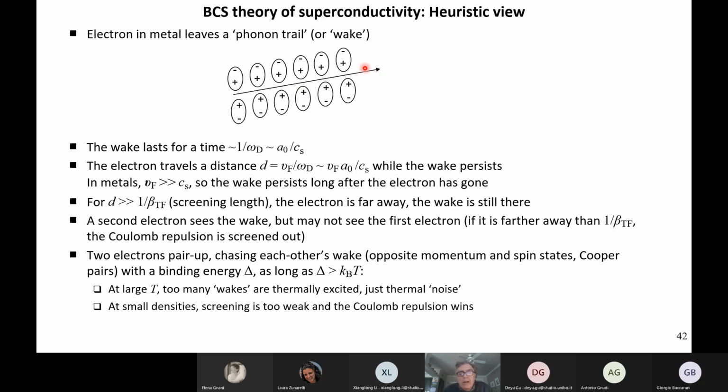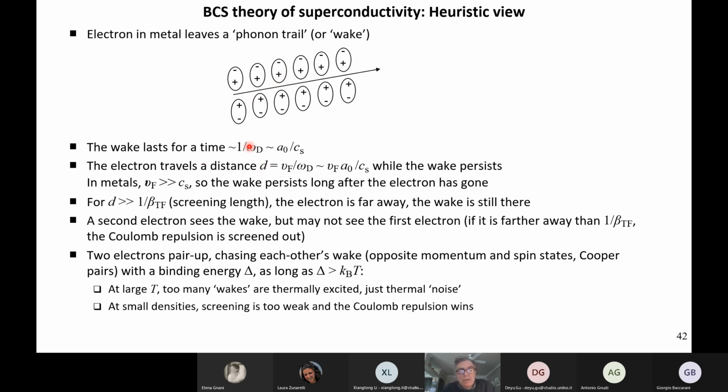How long does this wake last? Well, if we assume that it's a wake due to some Debye model for the phonons, it's typically of the order of the inverse of the Debye frequency, which is roughly the size of the unit cell divided by the sound velocity. So how long does it take for the phonon to travel through a unit cell? Now, you have this electron and you have this wake, and this wake persists for some time.